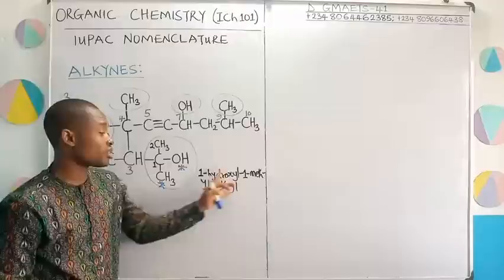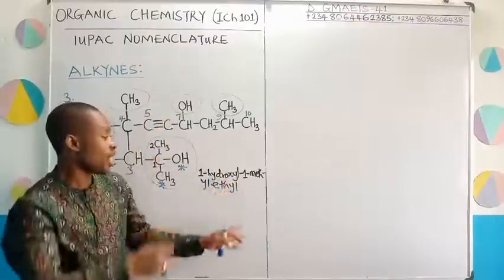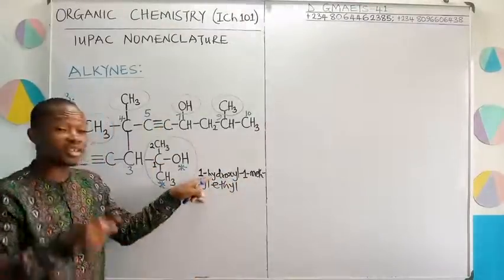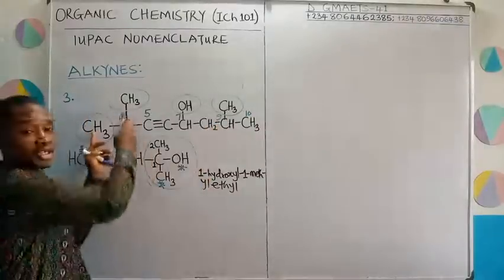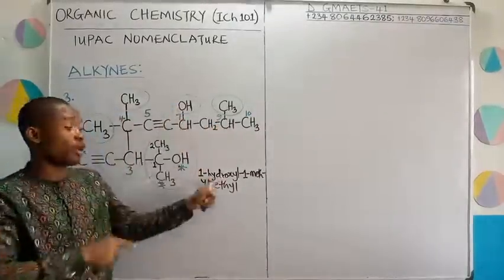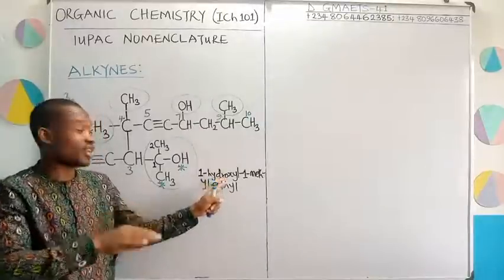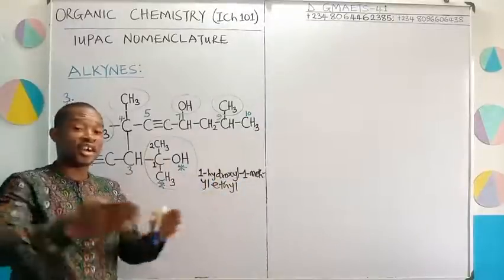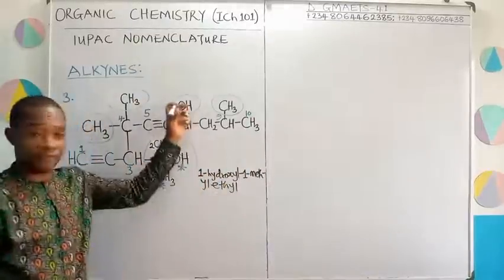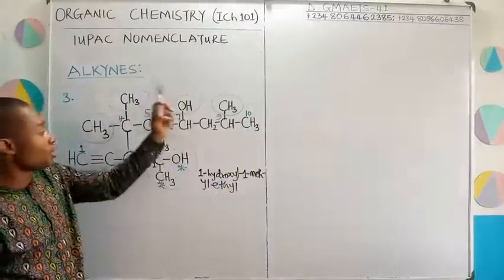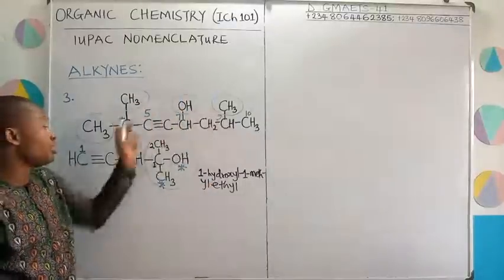This attachment you're seeing here is hydroxyl and then methyl ethyl. Hydroxyl comes first, you know that. But this hydroxyl will come before this one, because this is not just hydroxyl, this is hydroxyl methyl ethyl. If I give you a dictionary to check hydroxyl and then hydroxyl methyl ethyl for me, you will find this first. So the order will be this first, followed by this, and we'll conclude with methyl.